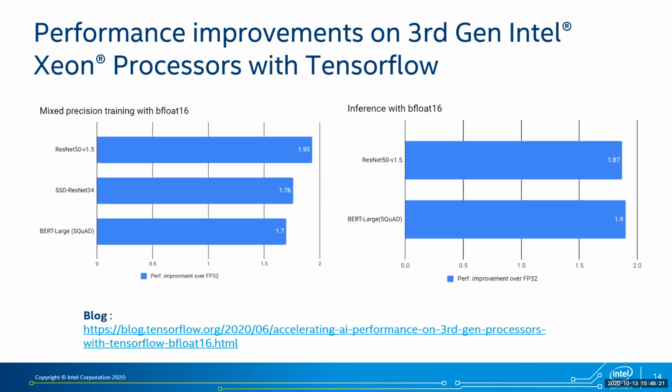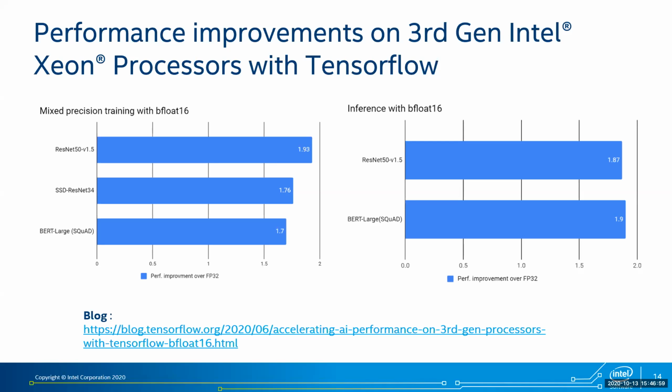And so let's look into the performance improvement on third generation Xeon server by using BF16. So on the left-hand side, it's a comparison among three models, and the x-axis is the performance improvement, and the y-axis is three different models. So we compare between second and third generation Xeon server.